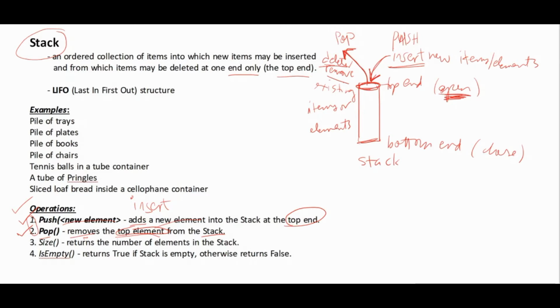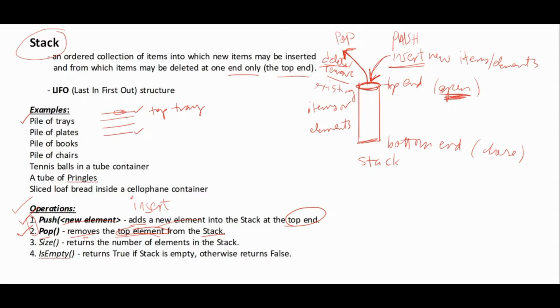Now, we can cite several examples of this structure. One of them is a pile of trays. If you go to a cafeteria or a fast food, you can find there a pile of trays, right? So you have these trays, and this is the bottom tray and the topmost tray. When you are going to get a tray, you normally get the top tray, the one at the top.